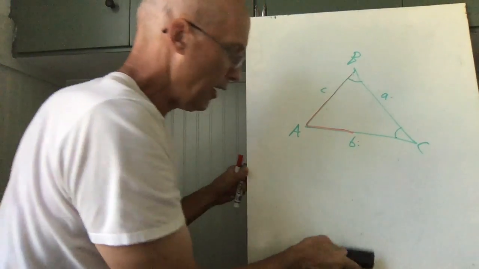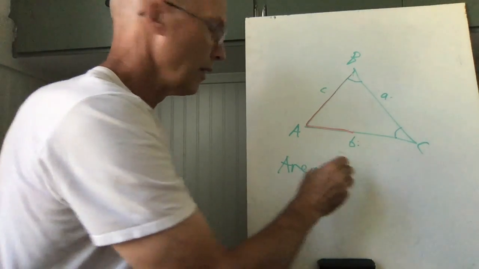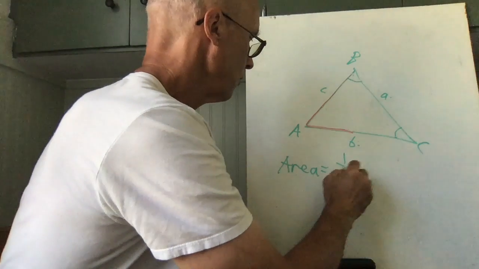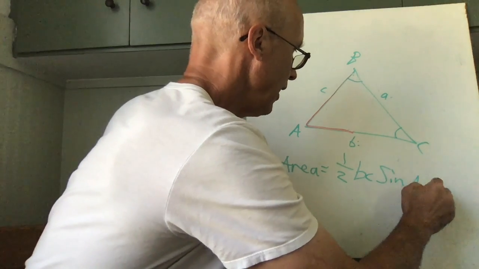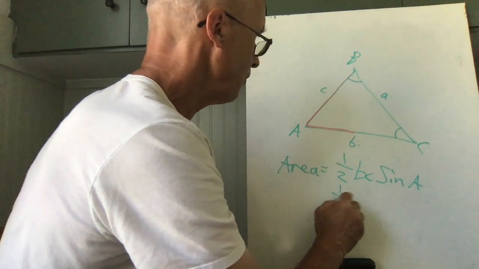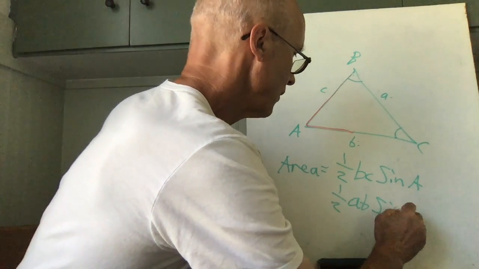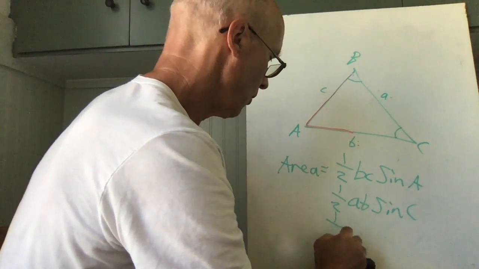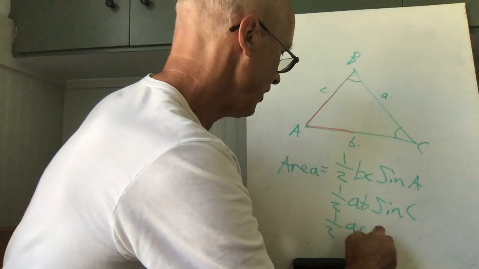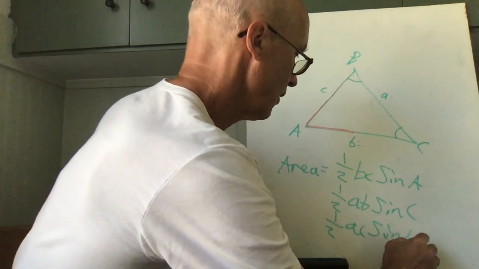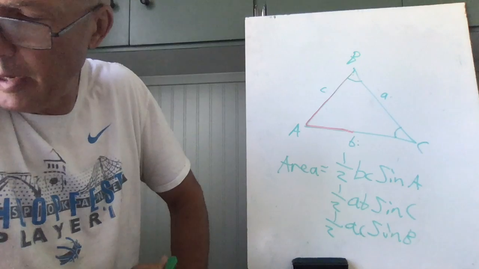The area of any triangle is 1/2 BC sine A, or it's 1/2 AB sine C, or 1/2 AC sine B. They have that for you on page 616, okay?